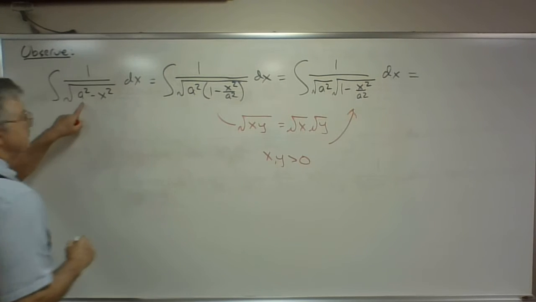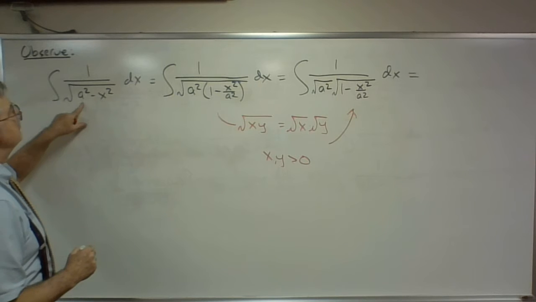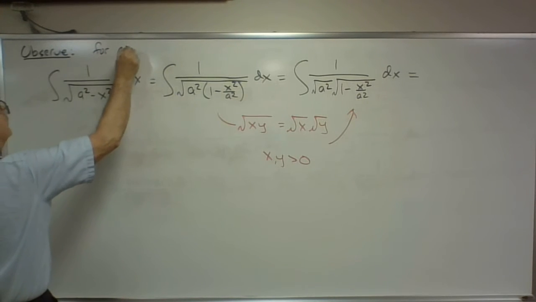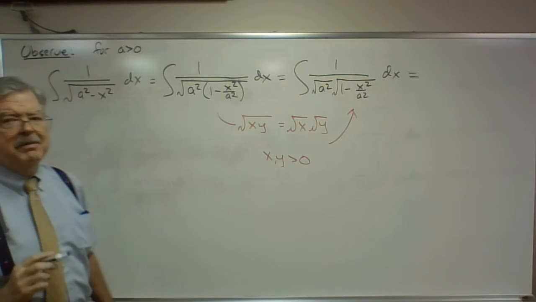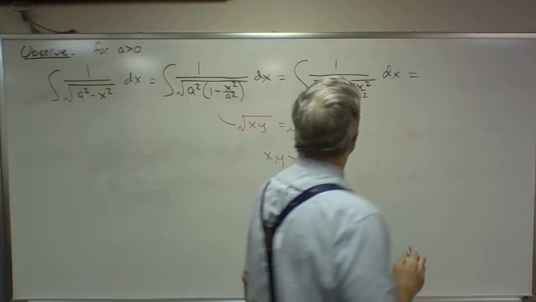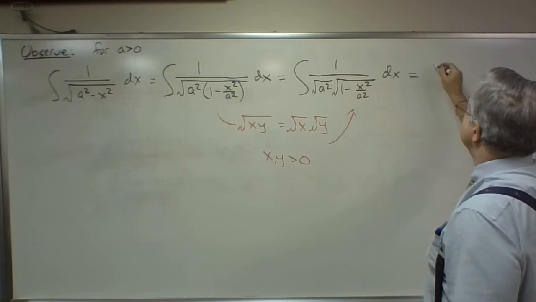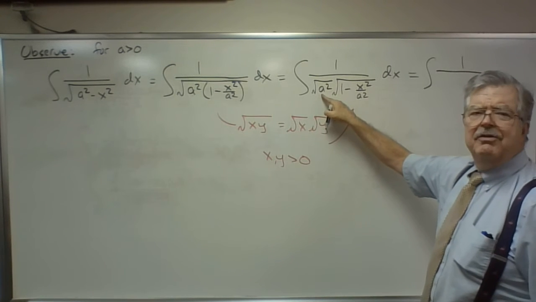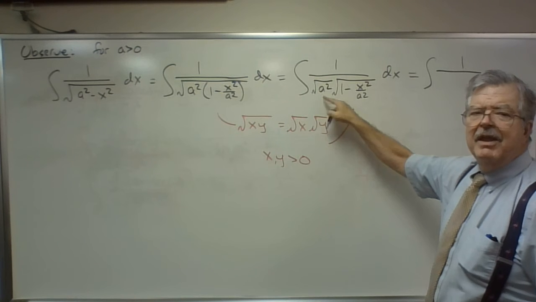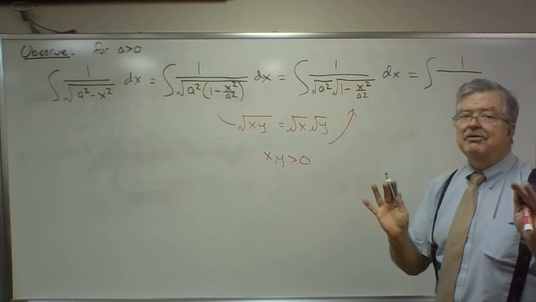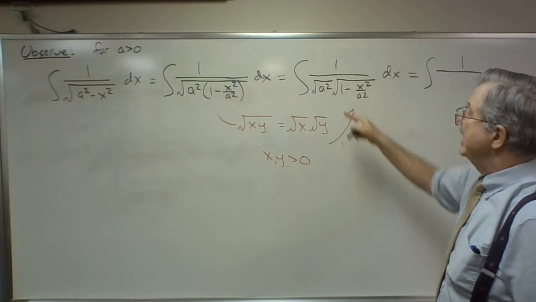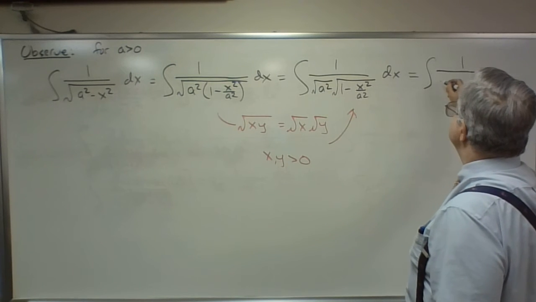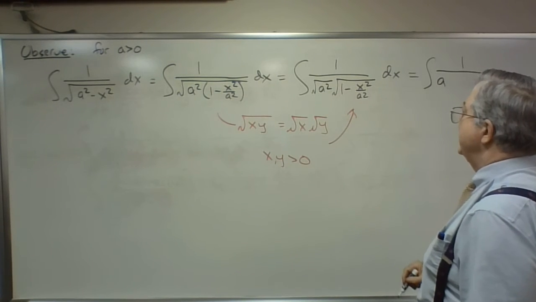And remember, I didn't write it down here, but earlier we agreed that A was going to be positive. And what that means is that when I compute the square root of A squared, I don't have to worry about absolute values or anything like that. If A is positive, the square root of A squared is just A.